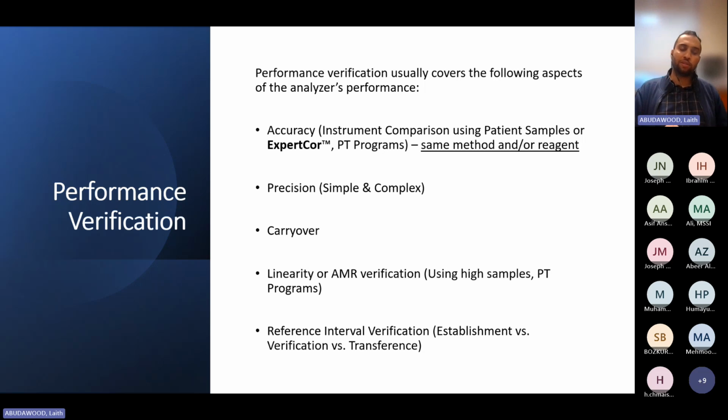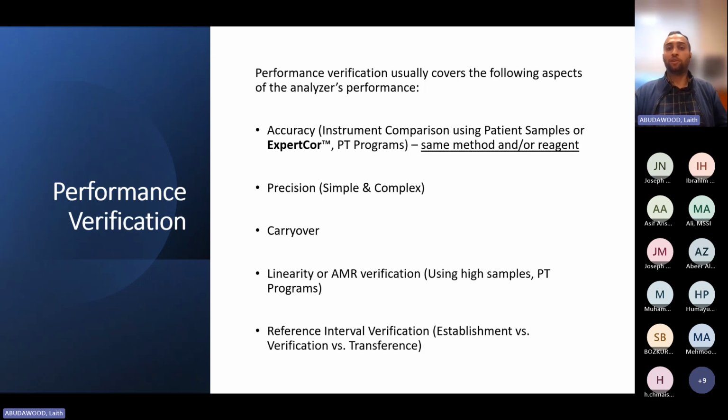Now, it's very important to understand that when I want to use a new range in my lab, I have to make sure that this range is actually compatible with the population that I am working with. For example, Stago says for APTT reagent, APTT Automate, the range is 30 to 40 seconds. You have to verify that this 30 to 40 seconds is acceptable for the population you are treating.